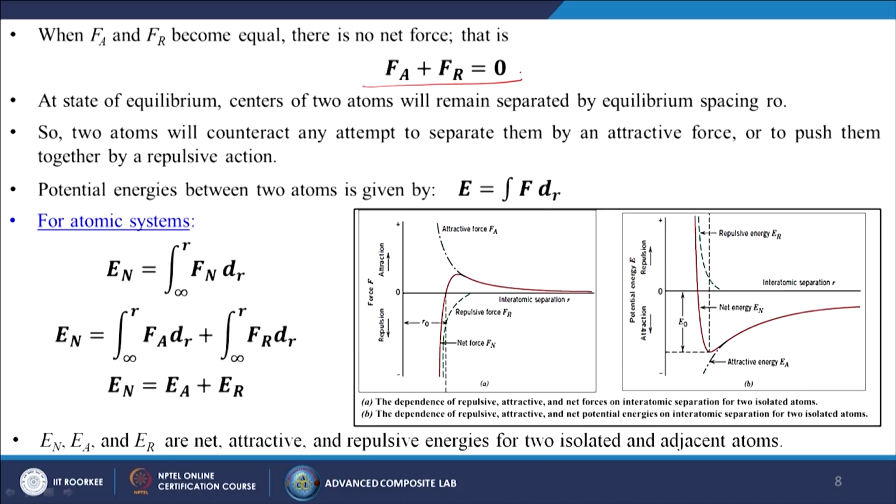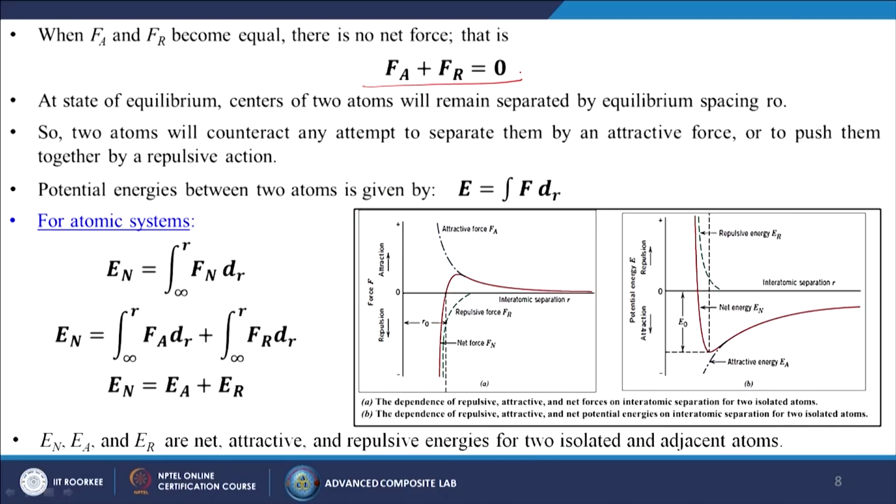As a state of equilibrium, the centers of two atoms will remain separated by equilibrium spacing rho. Two atoms will counteract any attempt to separate them by an attractive force or to push them together by a repulsive action.